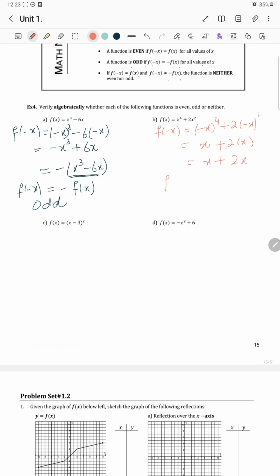So f of negative x is equal to f of x, so it is even. Okay, we can write it 2 times.